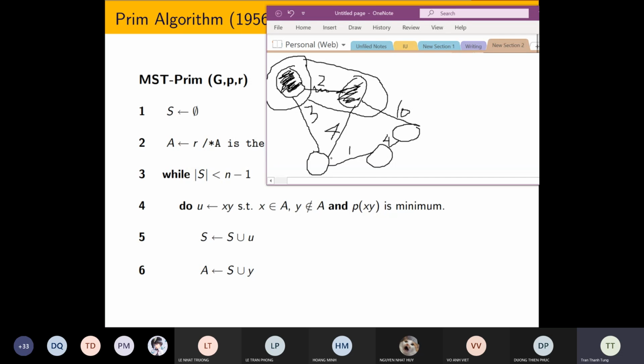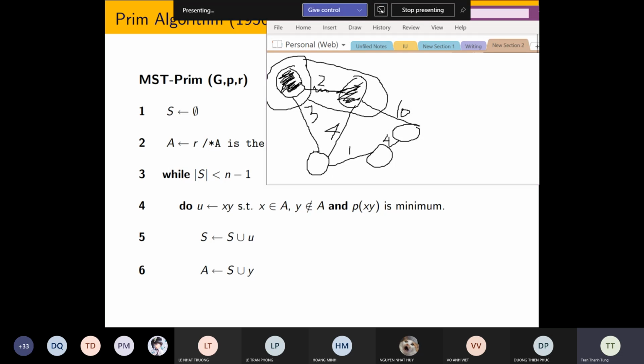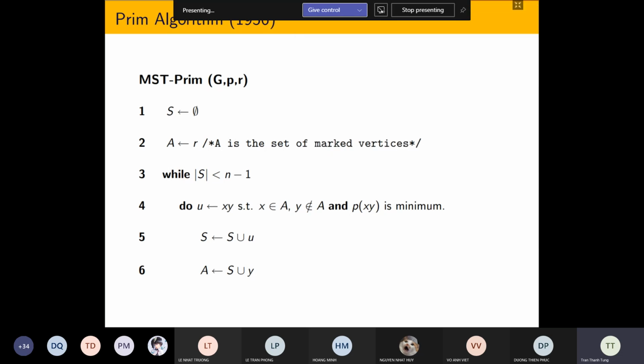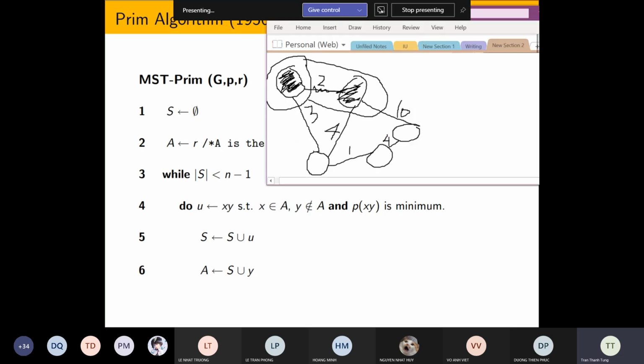Make sure that we will not have any cycle, because every time we go out, you will never have a loop. So that is the idea.